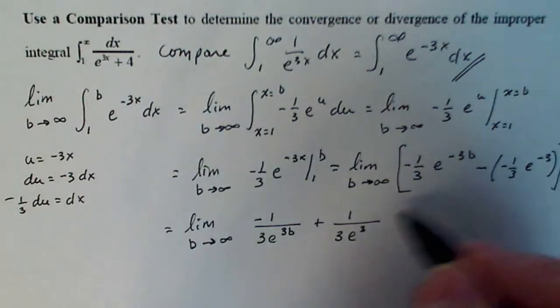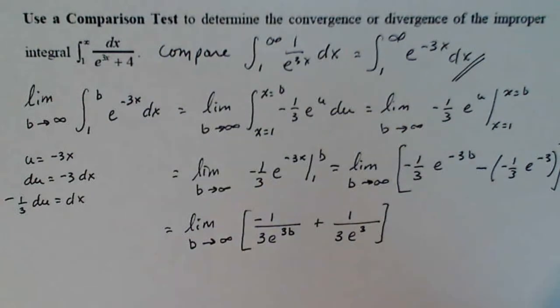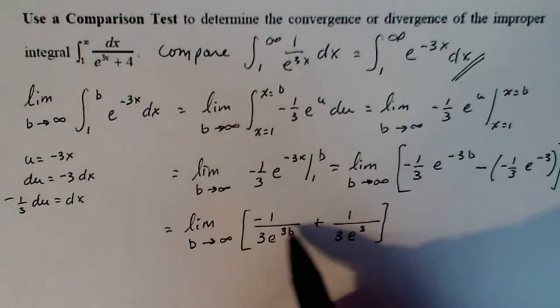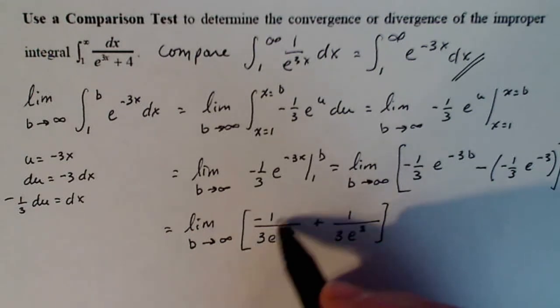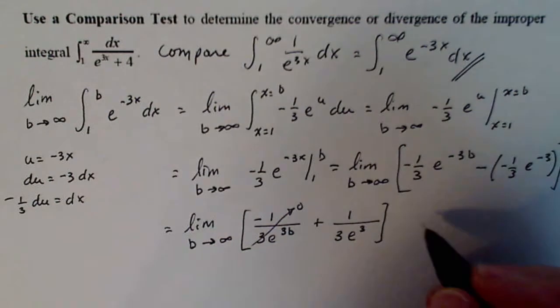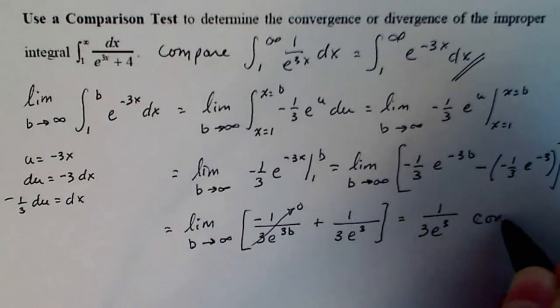That's simplifying what's in the square brackets, and it's a little easier to take the limit of at this point. As b goes to infinity, this denominator gets larger and larger, which means that term goes to 0. So my limit is equal to 1 over 3e to the 3rd, and therefore it converges.